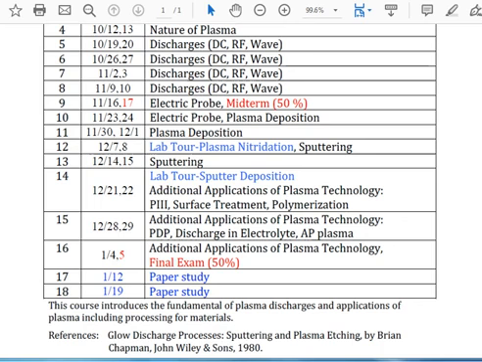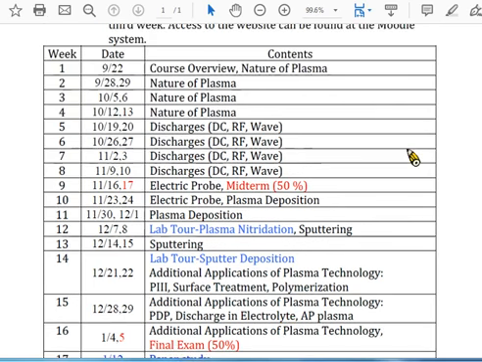In the 14th to 16th weeks, the class introduces other applications of plasma, including PDP, plasma display panels, discharge in liquid phase, and discharge in electrolytes. Usually, in order to generate plasma, one needs to control the atmosphere and the pressure.